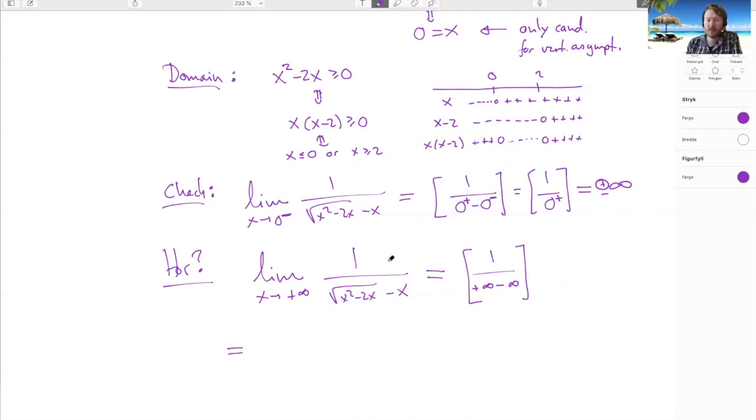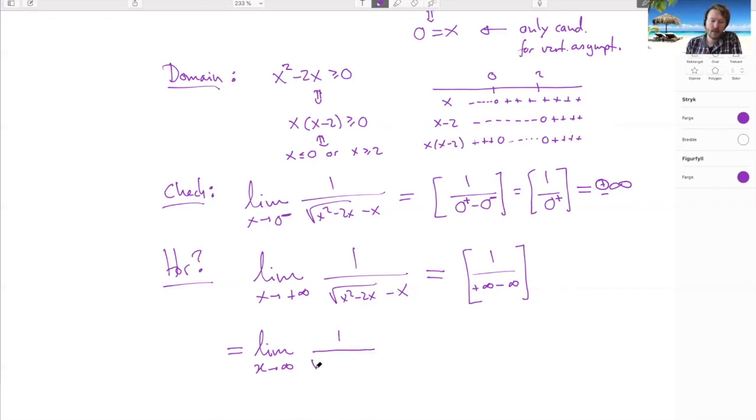Well, we need to manipulate algebraically. Here, when I have square roots involved, and especially one term minus the other, I can multiply by the conjugate to get at least this thing here to a plus, because infinity plus infinity, well, that's infinity. So it's the minus here that's really messing us up. So I multiply with the conjugate.